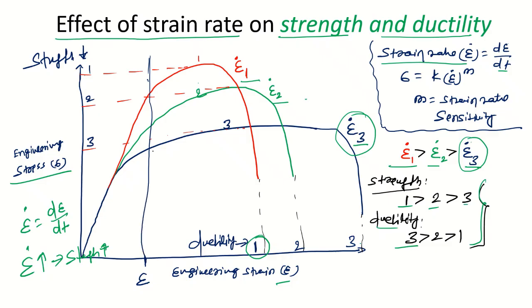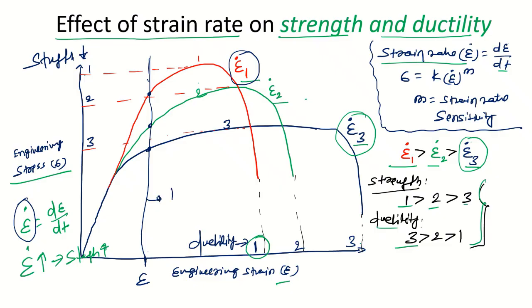Let us mark this point. At this particular point, curve 1 has a higher strength, because it has a higher strain rate, and time is inversely proportional to strain rate.